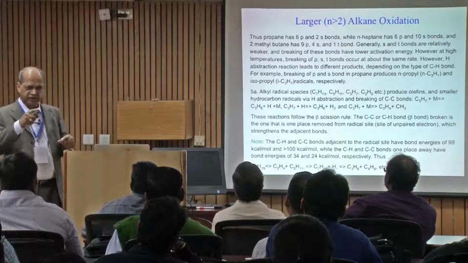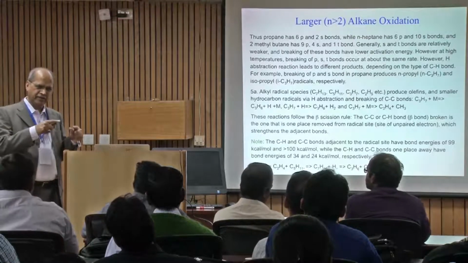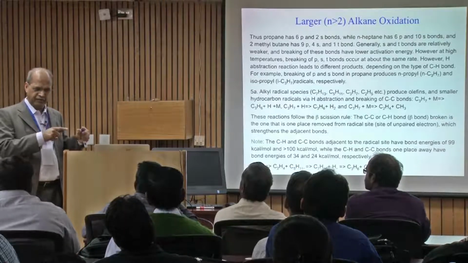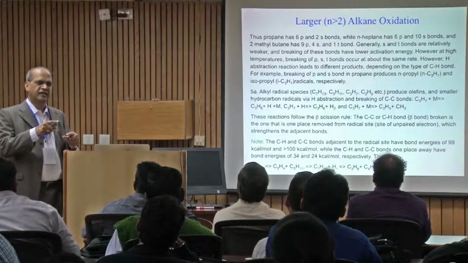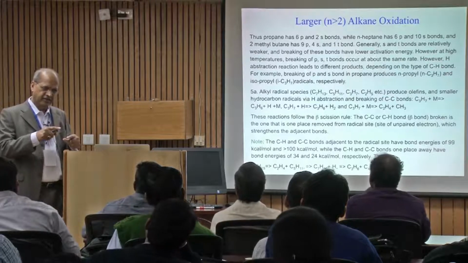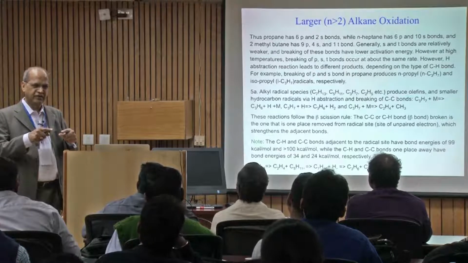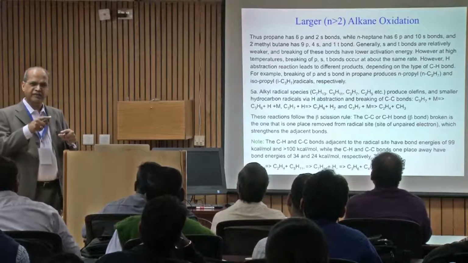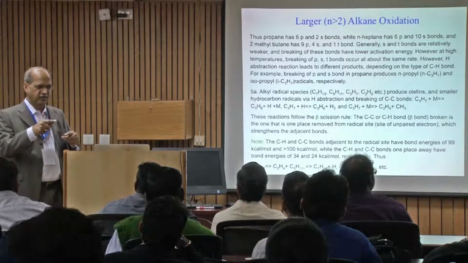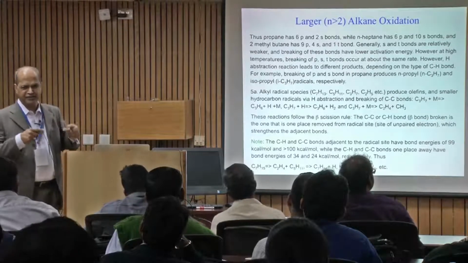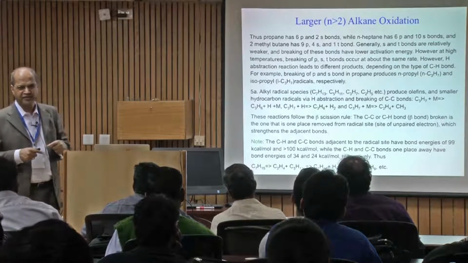So you have C, C, C, C. On the second carbon atom, it could be second from left or right, but usually from left. So you remove H and you put CH3 there. Now you have another CC bond there, because you are putting CH3. So there are more CH3 now.